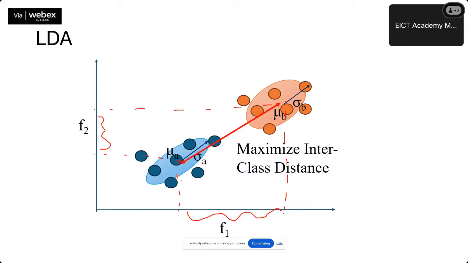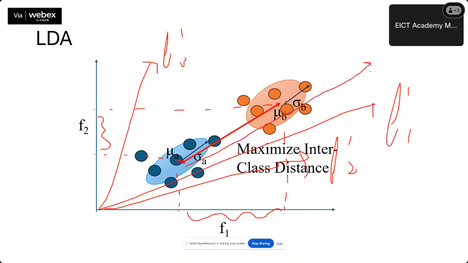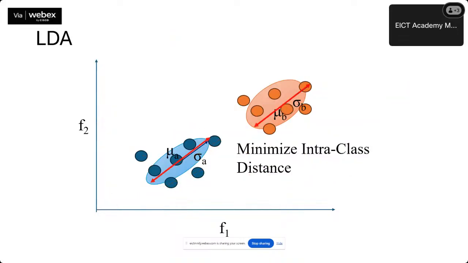But what if, instead of F1 and F2, I take F1 dash, F2 dash, F3 dash? Out of all these rotated coordinate axis systems, which maximizes the interclass distance? As it appears to me, this axis is probably good because the interclass distance is maximum between them. But that's not the only objective.